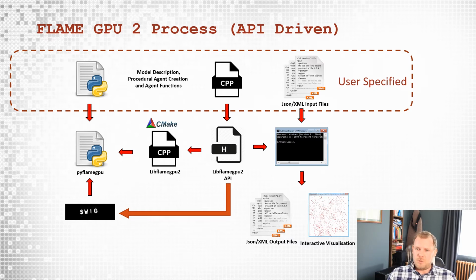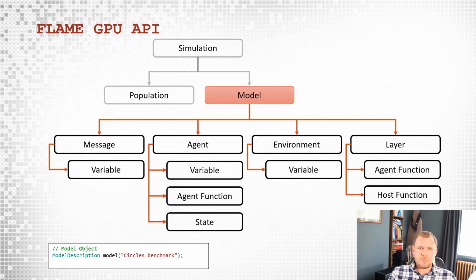Because we're able to do this now procedurally, it's possible that we can have a Python version of this, and I'll talk a little bit more about that in a moment. So the overall API can be classified in this simplified version of the hierarchy. There's a bit more complexity to it than this, but the code is documented and the API is documented.